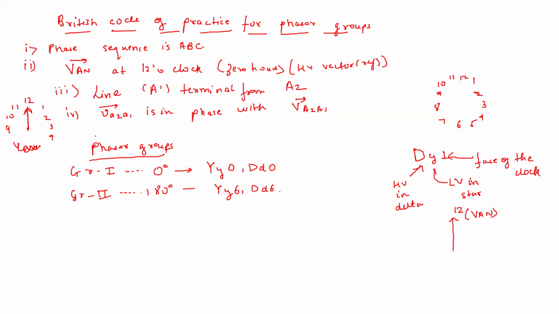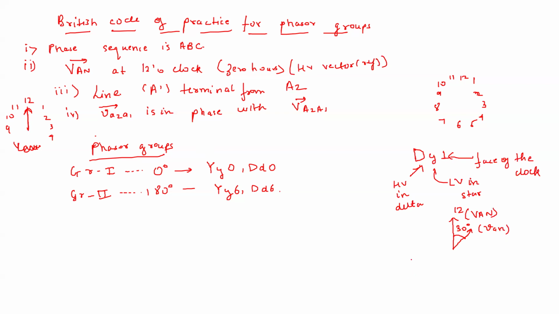So the LV voltage vector of A phase with respect to neutral, small VAN, is at 1 o'clock, at 1 with respect to 12. So it is here, this is small VAN, and the angle is 30 degrees. This is what we mean by Dy1.